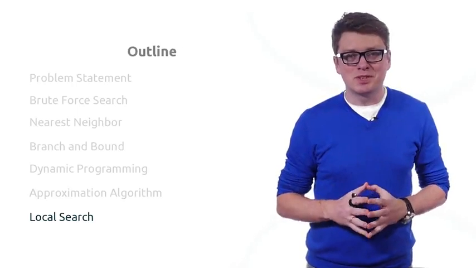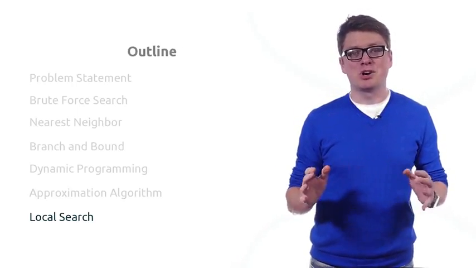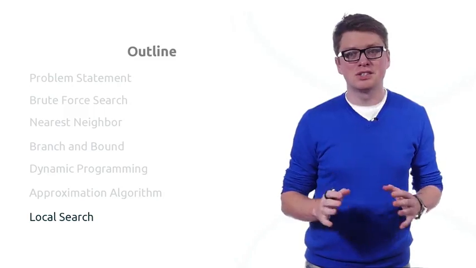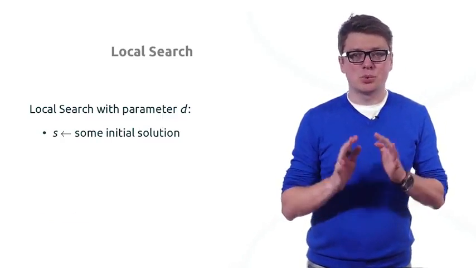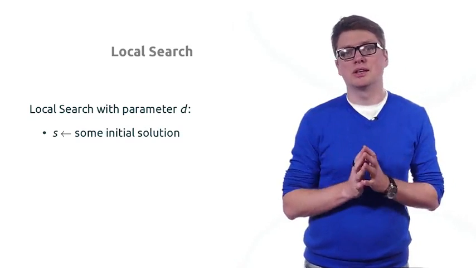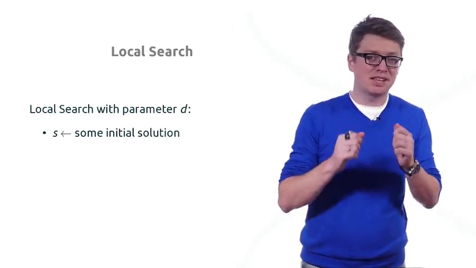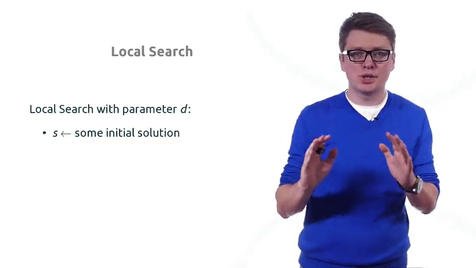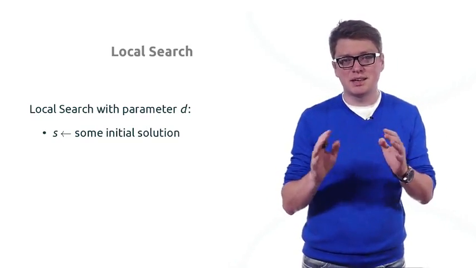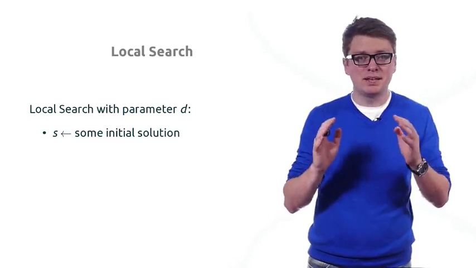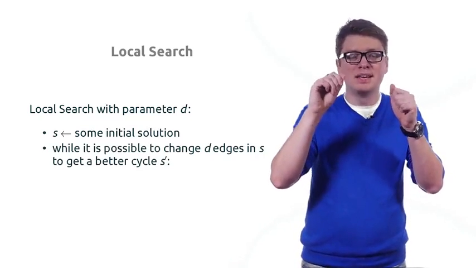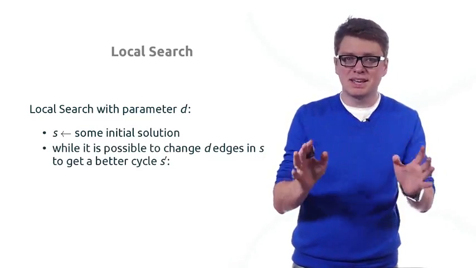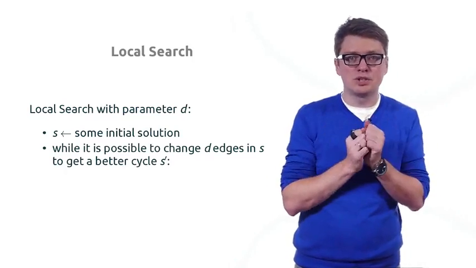The last approach that we're going to consider in this project is called the local search approach. Its main idea is quite simple. We start with some solution, and by a solution I mean just any cycle in our graph. We also fix at the beginning some integer parameter d. And then we keep repeating the following. While it is possible to locally improve our solution, I mean the following.